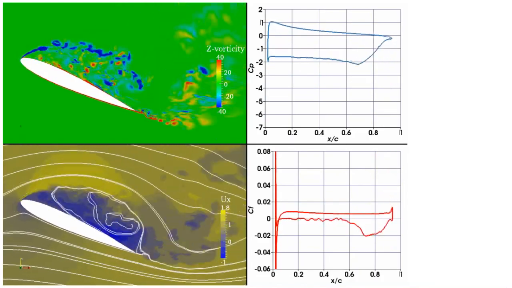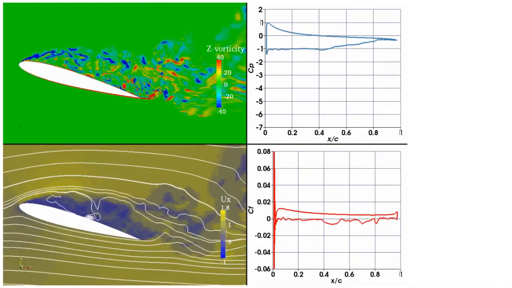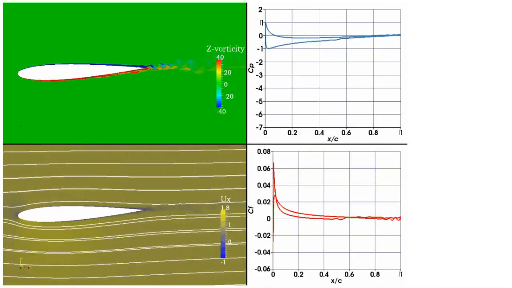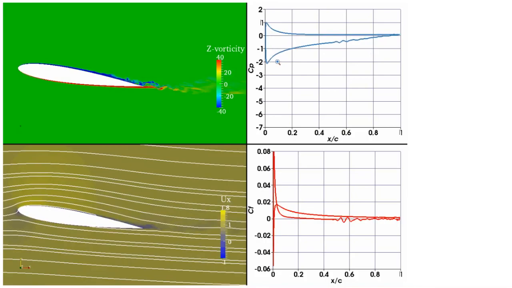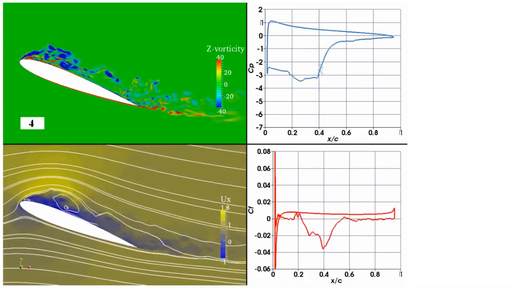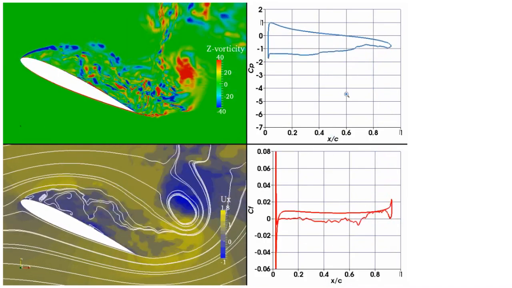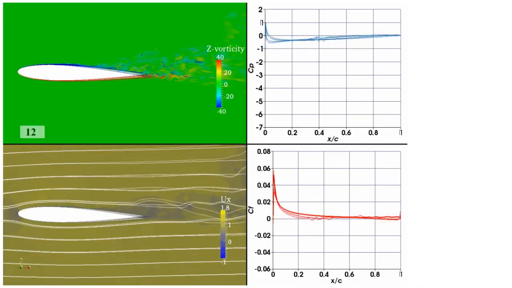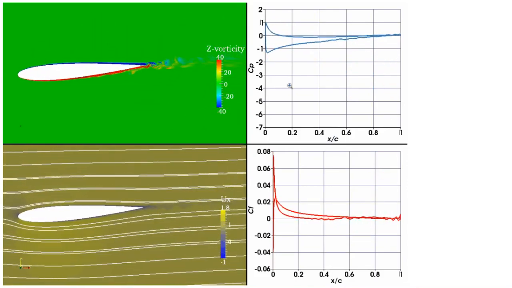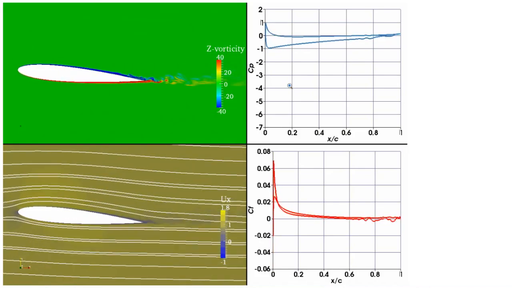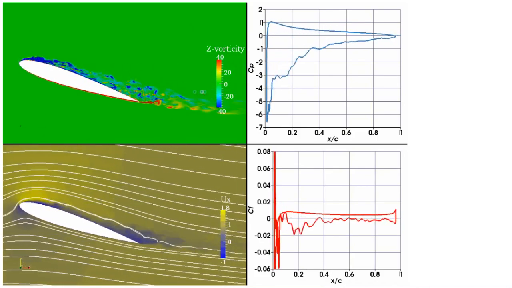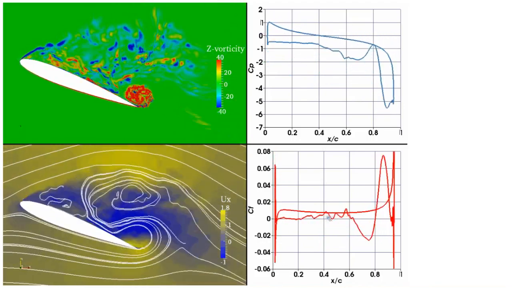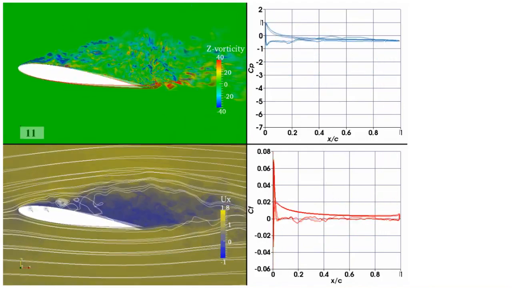What is being varied along this simulation is the angle of attack of the airfoil, and here you can see the two components of the force along the airfoil, on the upper part of the airfoil and on the bottom of the airfoil. So that's why we have two lines here and here on these two graphics.